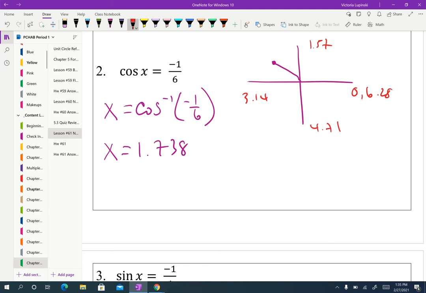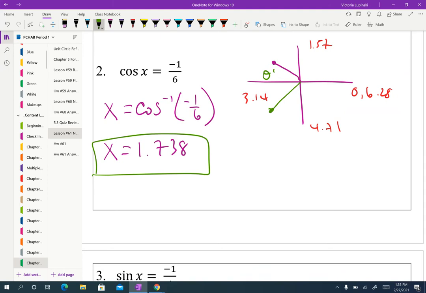So cosines, remember, are the x values, which means there has to be an answer in quadrant 2, and there has to be an answer in quadrant 3. So it looks like I have found the quadrant 2 answer, and that is half my solution. In order to find the quadrant 3 answer, I have to find the reference angle. The reference angle, again, we denote with theta prime. That means theta reference angle.